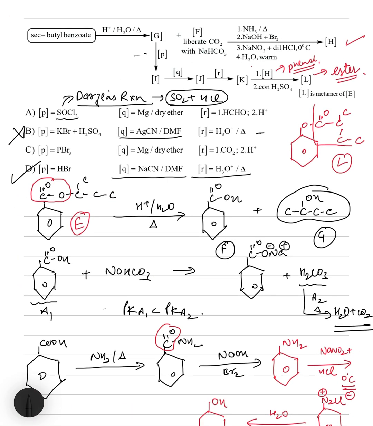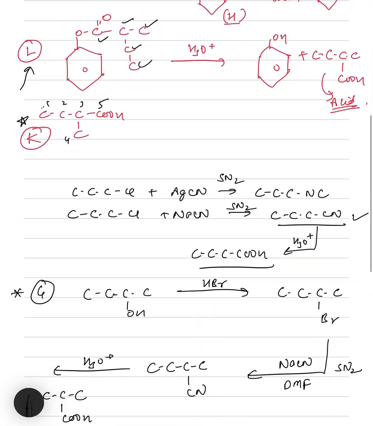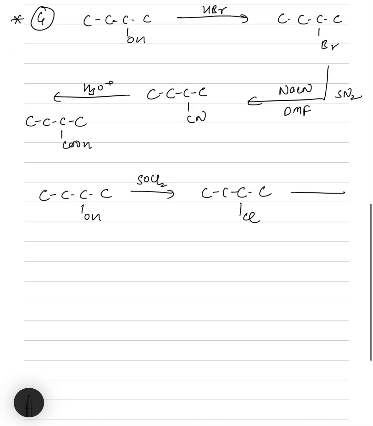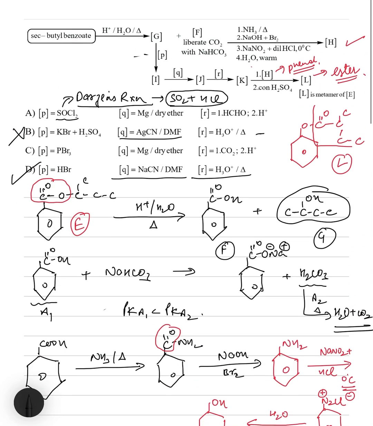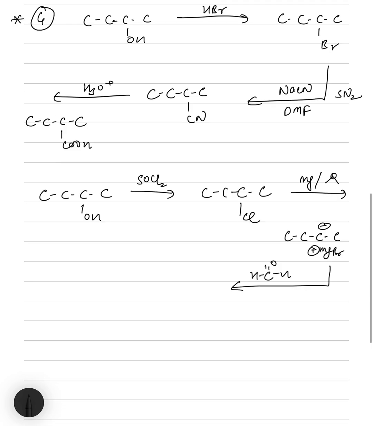Now, the next step is Mg in dry ether, option Q. If you react this with Mg and dry ether, what do we get? We will get the C minus MgBr, the Grignard reagent, right? Now if we react it with formaldehyde as given here, and then hydrolysis, what will happen?